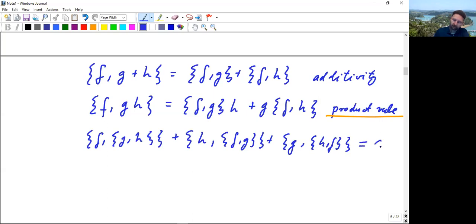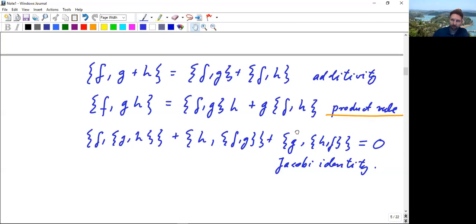This is equal to 0. And that's called the Jacobi identity. Okay, if you've studied Lie groups, then you know that the Jacobi identity comes up in Lie algebras.